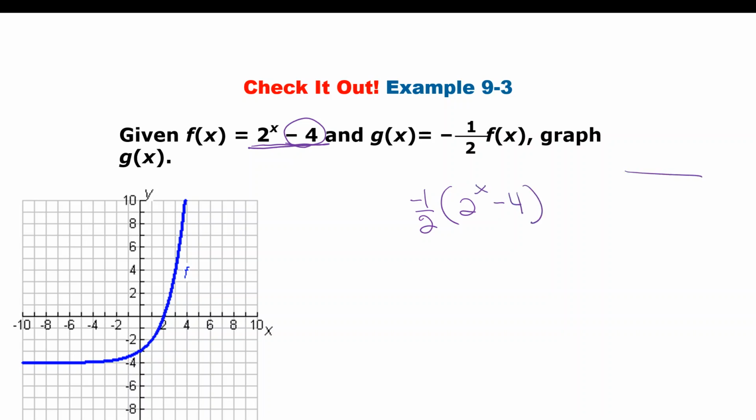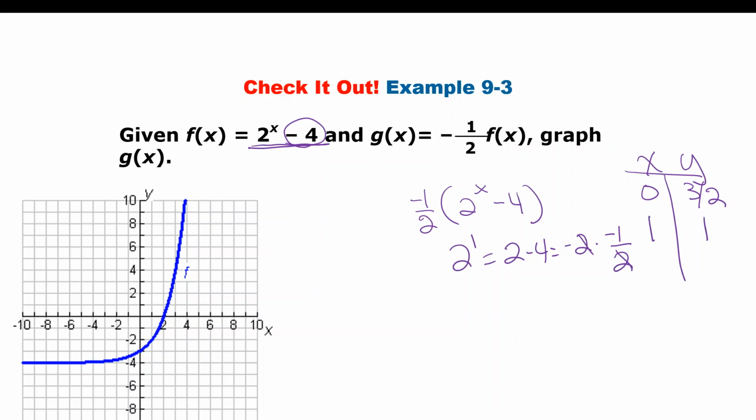All right, so in order to graph this, let's do a quick t-chart, x and y. When x equals 0, that would be 2 to the 0 power, which is 1, minus 4 equals -3, times -1/2 equals +3/2. When x equals 1, we have 2 to the first power, which is 2, minus 4 is -2, times -1/2, the 2's cross out, +1.